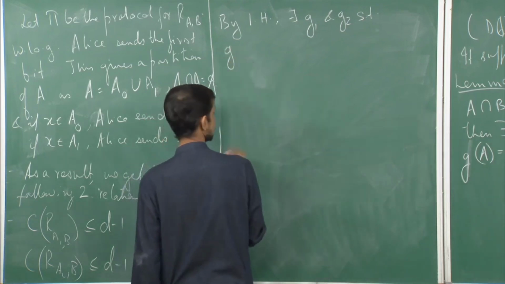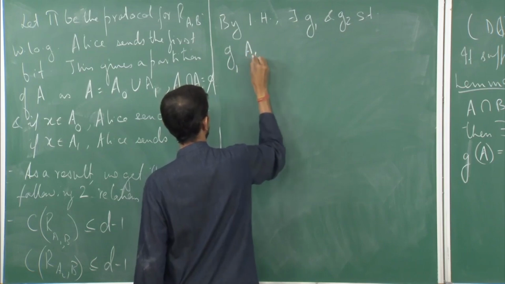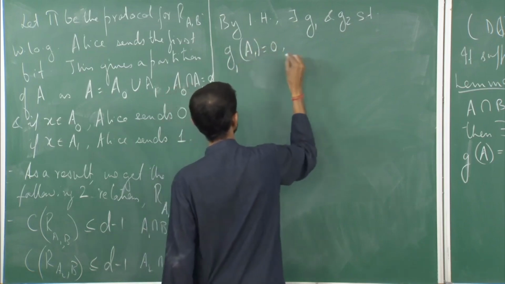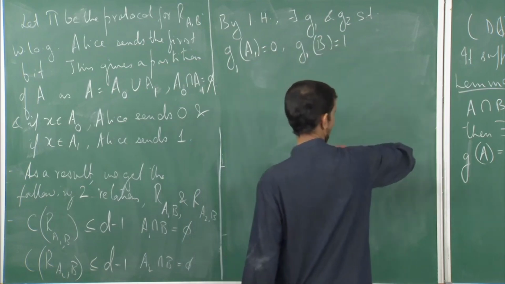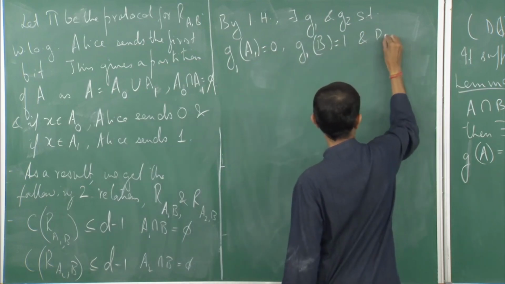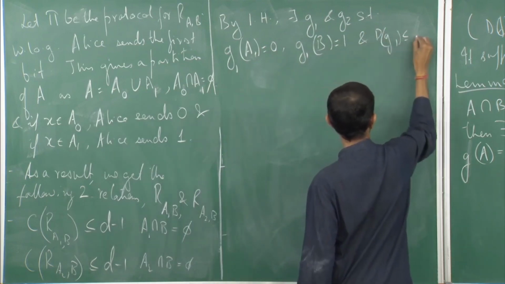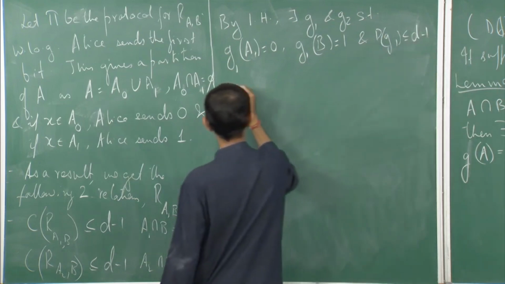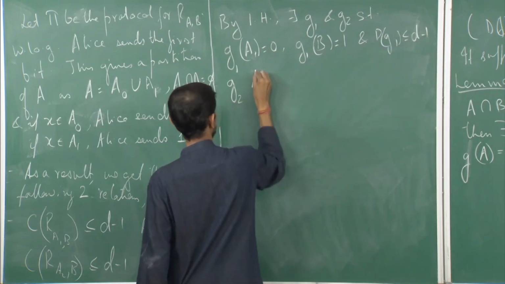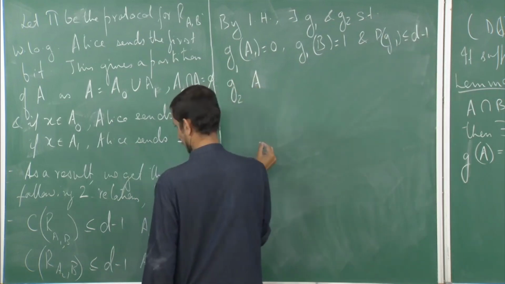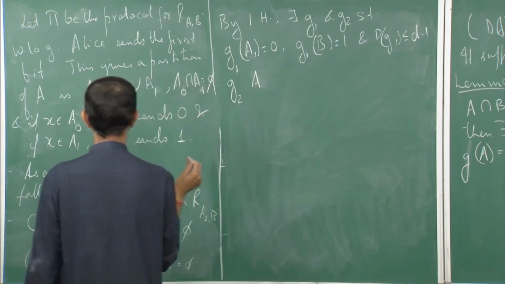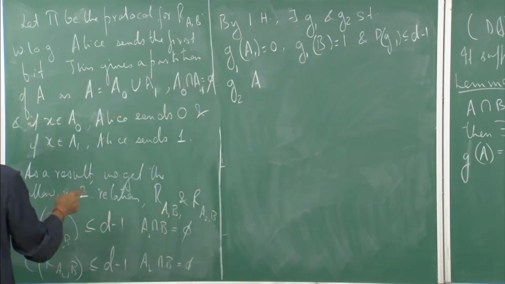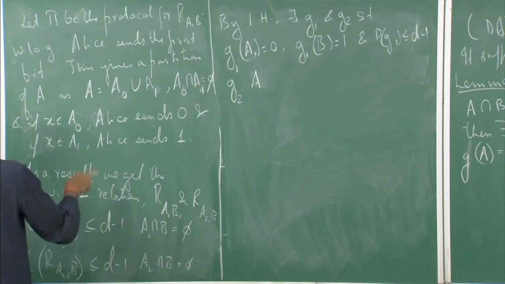let's look at G1 first. G1 of A1 is equal to 0, G1 of B is equal to 1, and D of G1 is at most D minus 1. Similarly, G2 of, I'm sorry, again I think I've confused it.